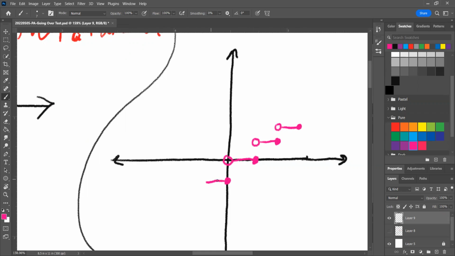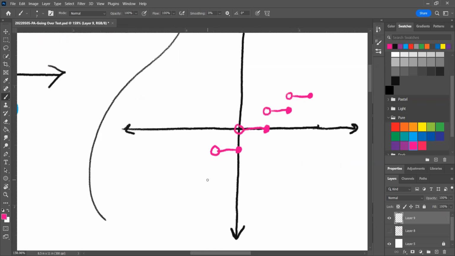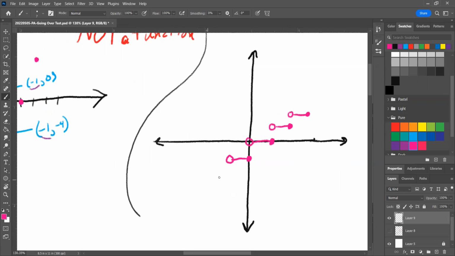You will not be asked to actually graph anything like this in this class, although it's not actually that hard. But you will be asked, is it a function or is it not a function?